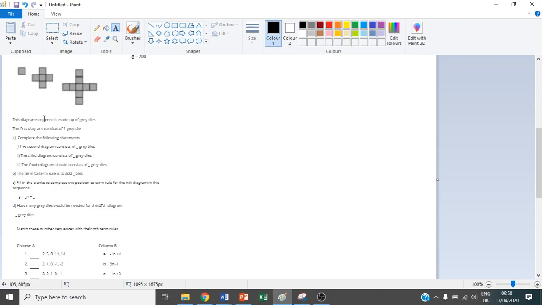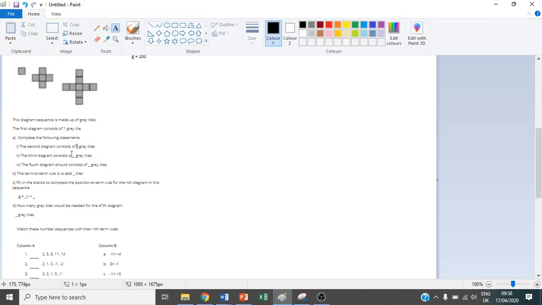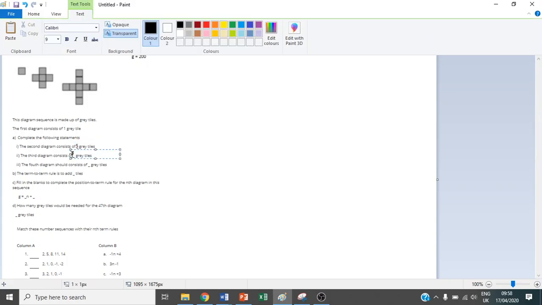Okay, so I can go ahead and complete the following statement. On the first diagram, there's 1 gray tile. On the second diagram, I've just counted there: 1 plus those 4 is 5 gray tiles. On the third diagram, I've got 1 in the middle, plus I've got 8 going around, so that's 9 gray tiles. And I don't have the next diagram, but I can imagine what it looks like.